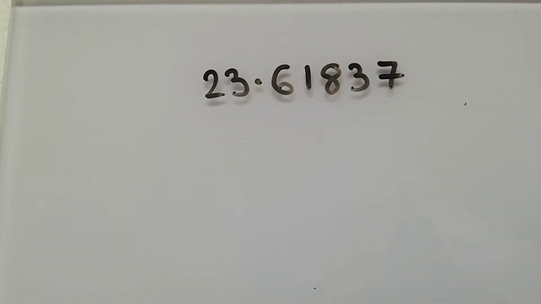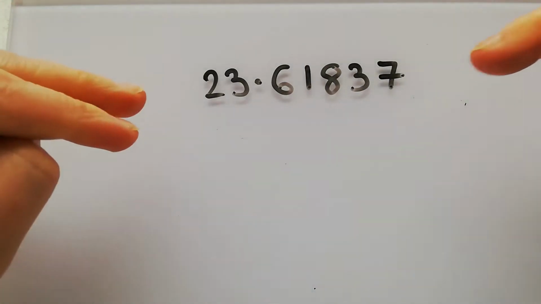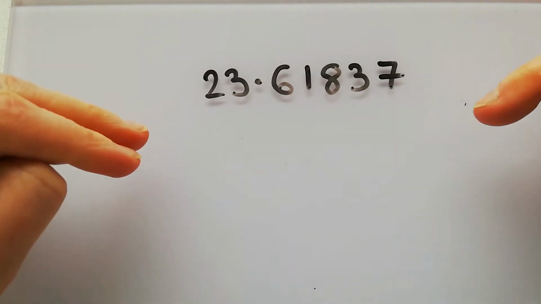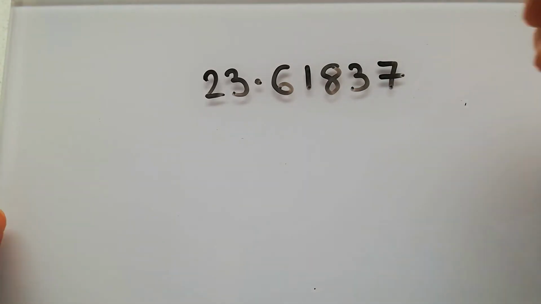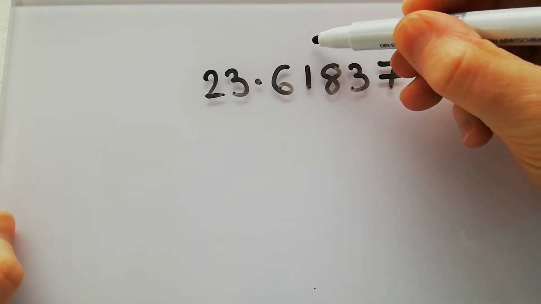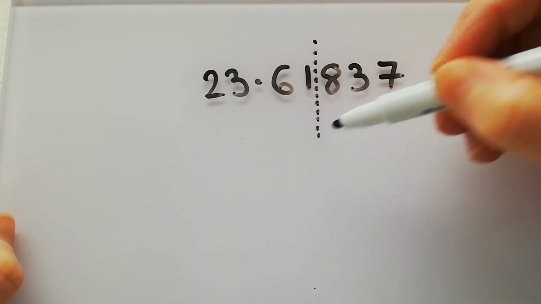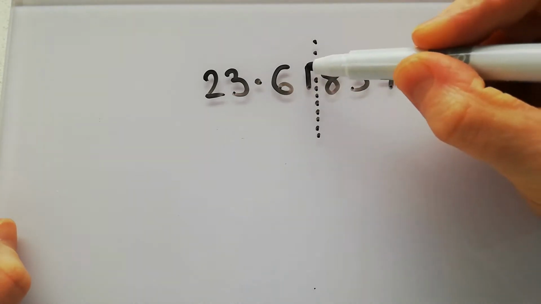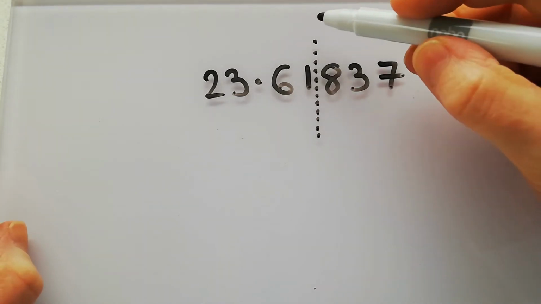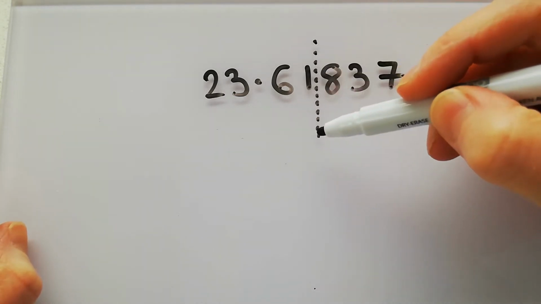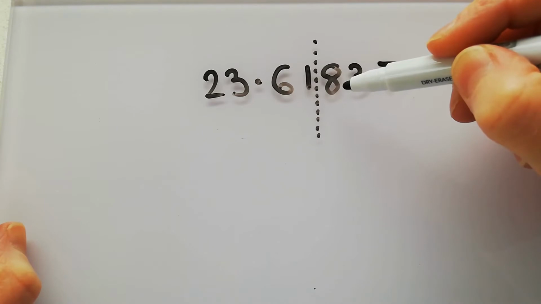Now, if instead of rounding it to 1 decimal place, I wanted to round the same number to 2 decimal places, then this time I would make a cut after 2 decimal places, so between 2 and 3. And I would look at what's happening on that side of the dotted line.